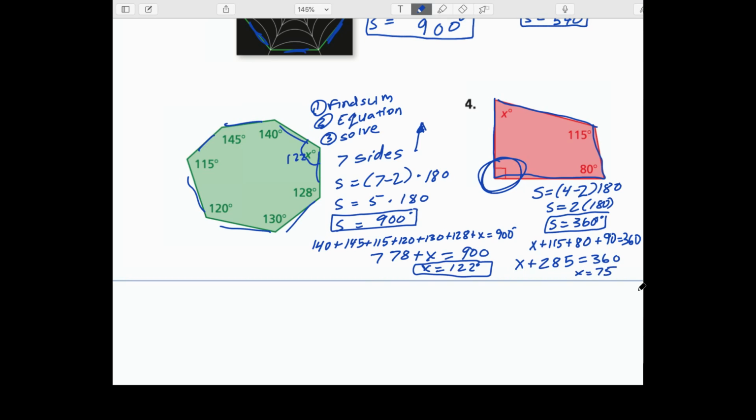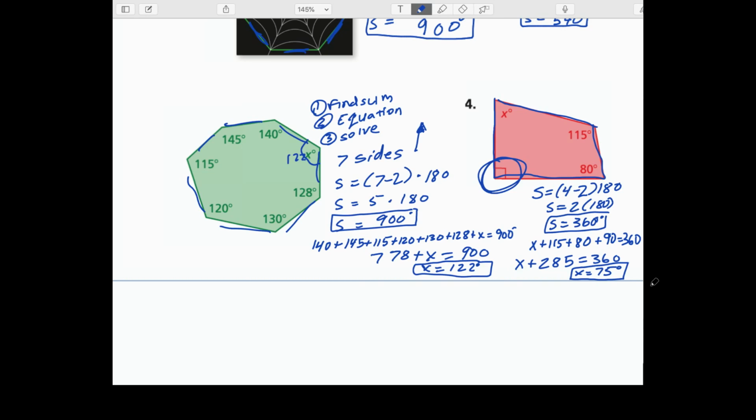Sometimes I would also put 360 in and say minus 115, minus 80, minus 90, and see if I get the same thing. Guess what? I got the same thing. Yay. So that's how you do the problems for today.